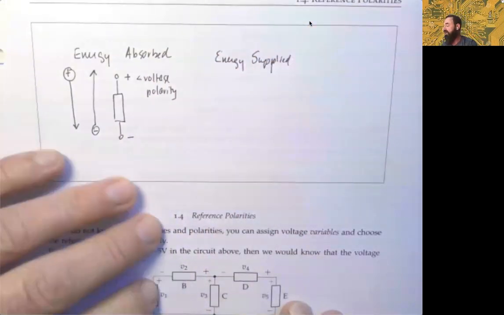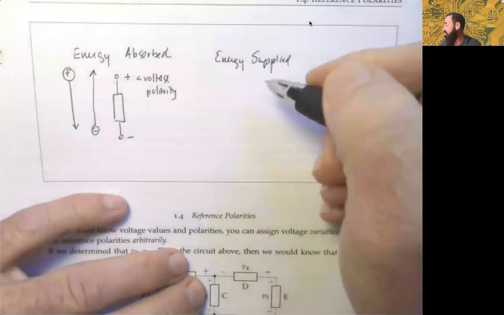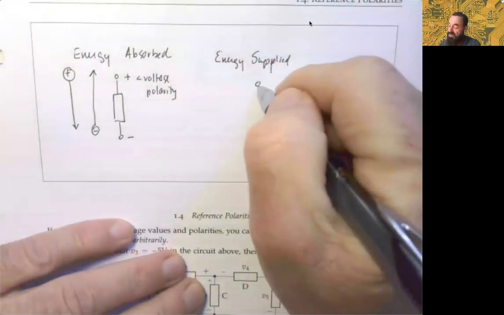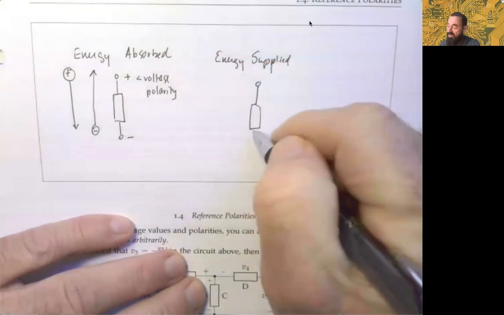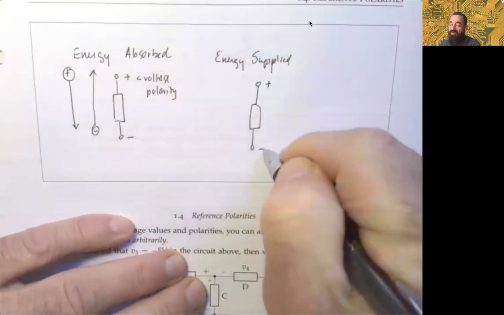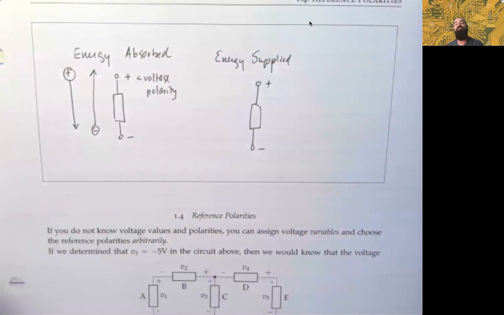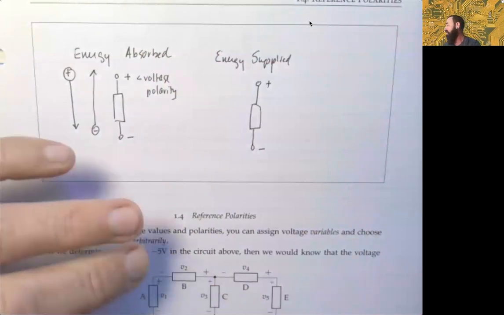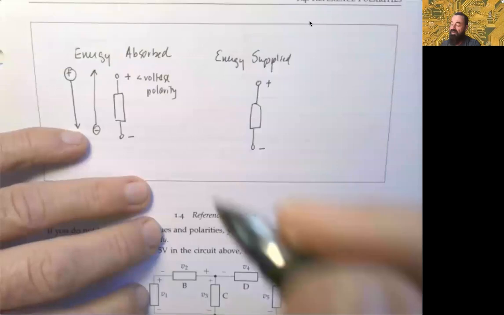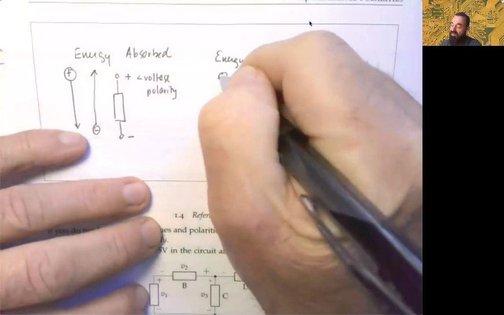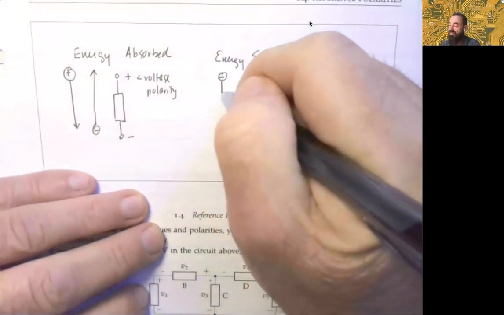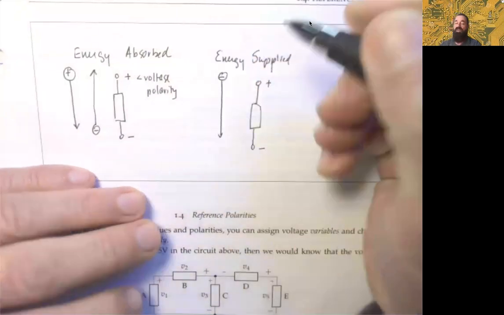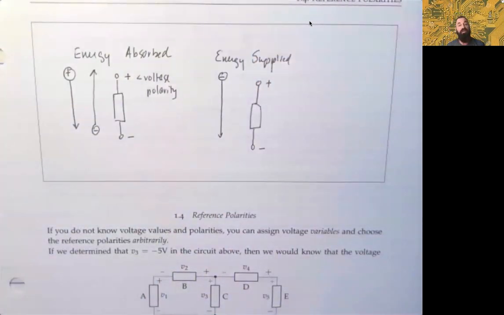Again, we'll draw the same representation of the circuit element, the top terminal being the positive polarity, negative at the bottom. If you now have a negative charge coming through, the negative charge coming into the positive polarity of the voltage for that circuit element, then energy is being supplied.